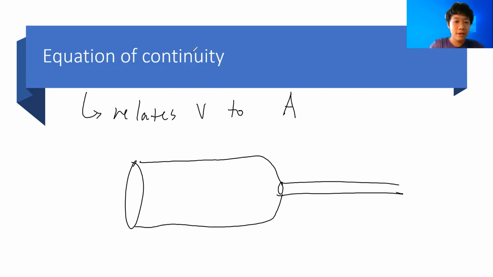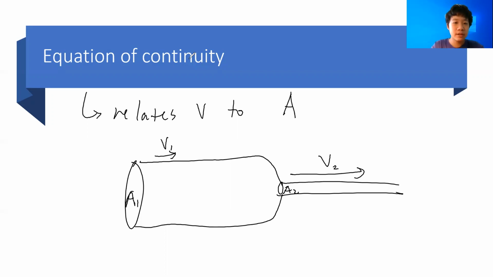So A is the cross-section area of the pipe here. Let's say this is A1, A2, and the cross-section area of the pipe has an impact on how fast the fluid flows. So the equation of continuity relates velocity of fluid to the cross-sectional area of the fluid's path.